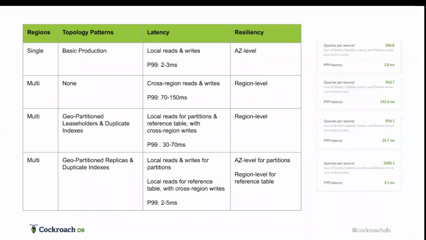Typically you would use process managers, you might use Kubernetes orchestration. You would want to monitor your cluster, and you see that it's going down. You restart it. Once you restart it, everything heals itself perfectly. But when you use geopartition replicas, each replica can only tolerate an AZ level failure.